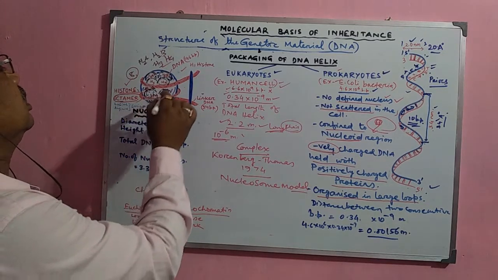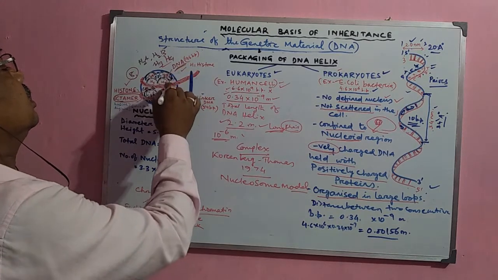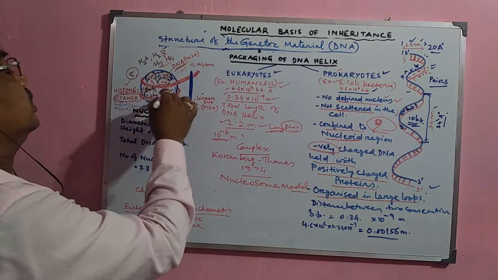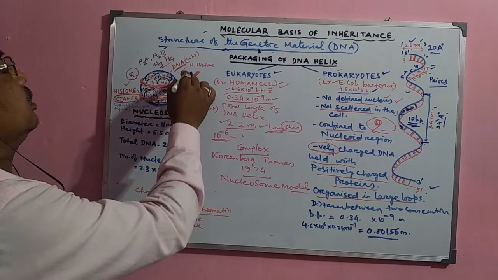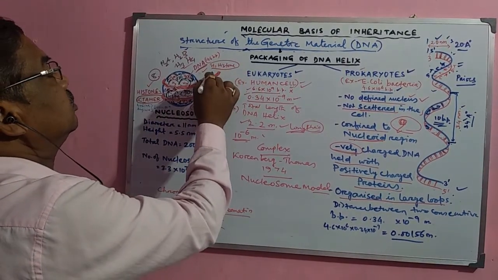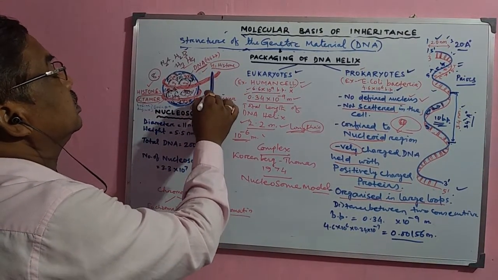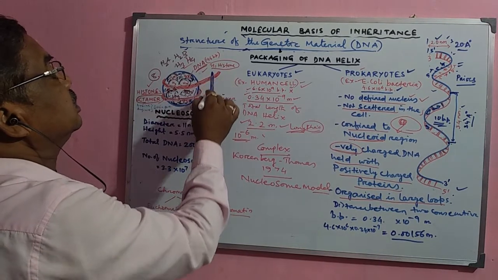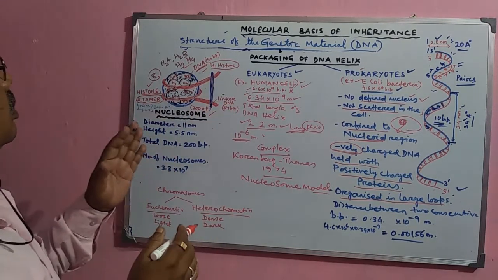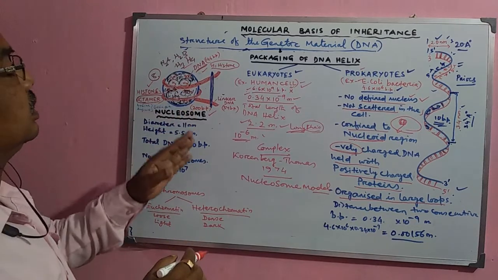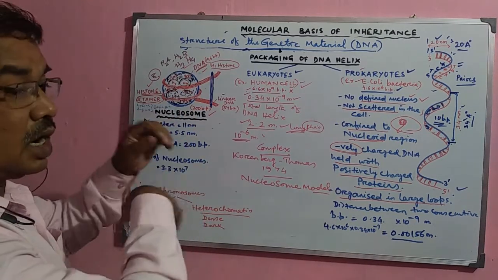And around this is the DNA helix. The DNA helix is wrapped twice around it, and another histone protein, H1, forms a stick-like structure that holds the DNA chain together and does not allow it to uncoil.